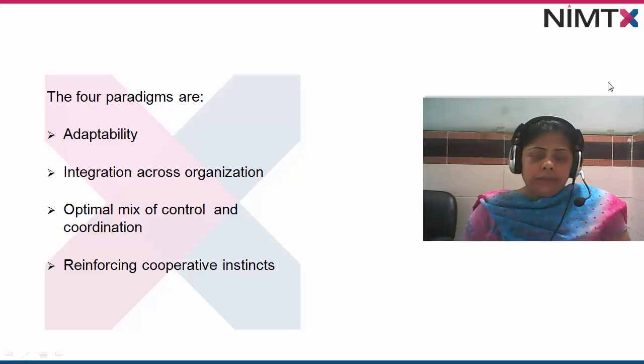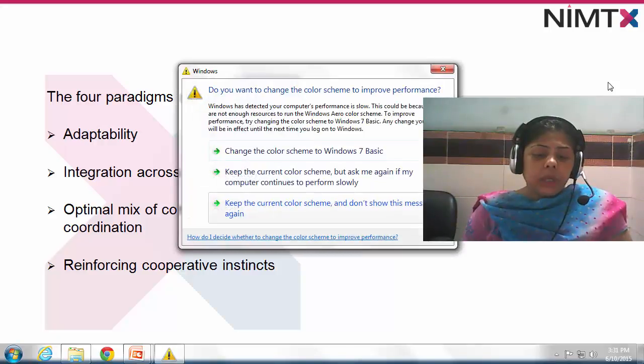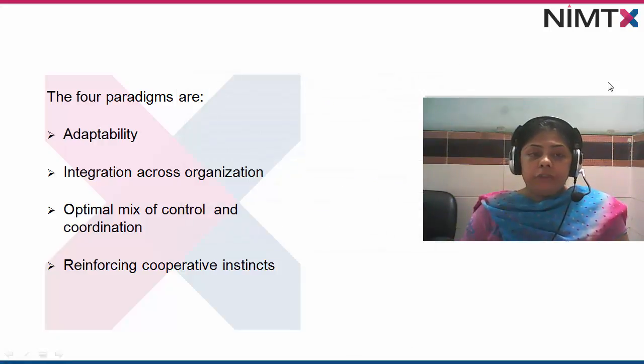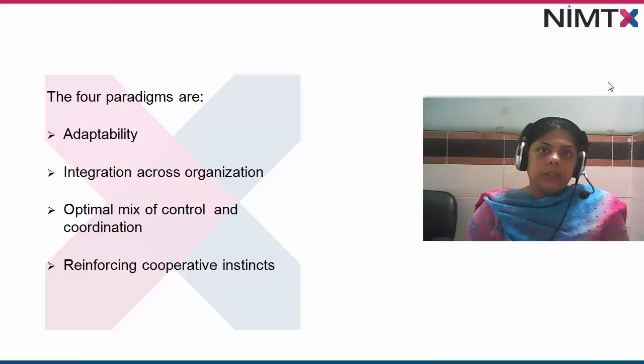I'll give you a very good example of not adapting properly, which is Kodak. We all know the Kodak camera. I knew it because when I started using a camera, I only knew that we have Kodak reels, and we have to use that.